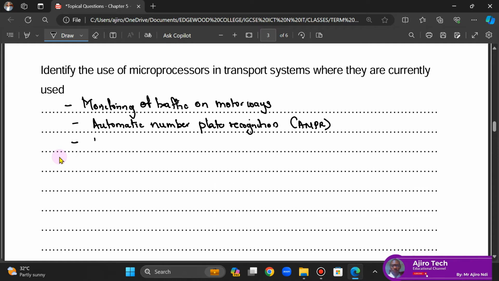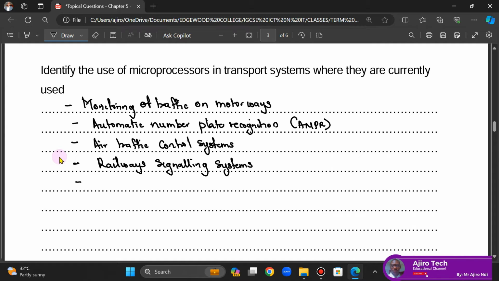They're used for air traffic control systems. They're used in railway signaling systems.